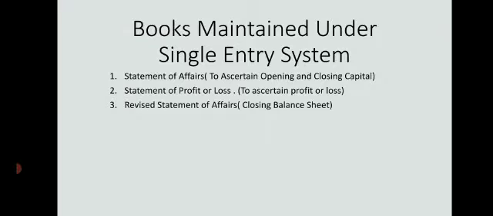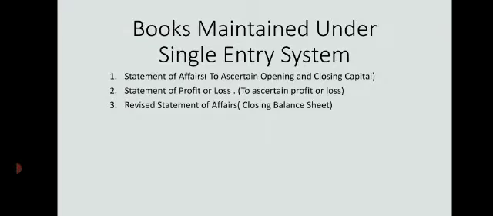Then second, we prepare the statement of profit or loss. This statement is prepared in a specific format to ascertain profit or loss. And the last one is the closing balance sheet. We call it the revised statement of affairs. So these are the three accounts we need to prepare, depending upon the problem.